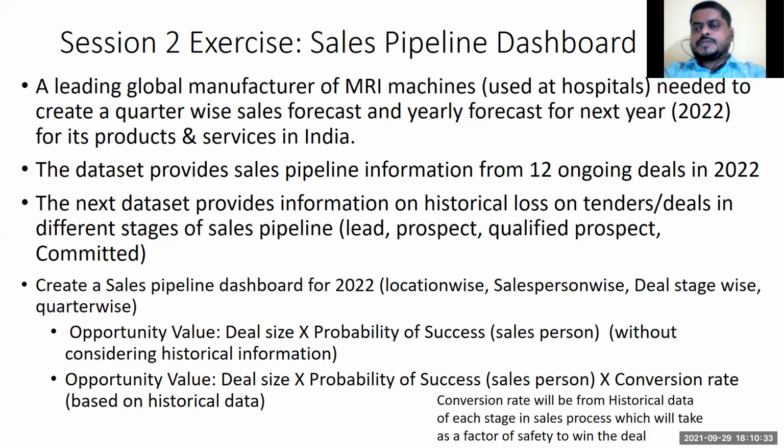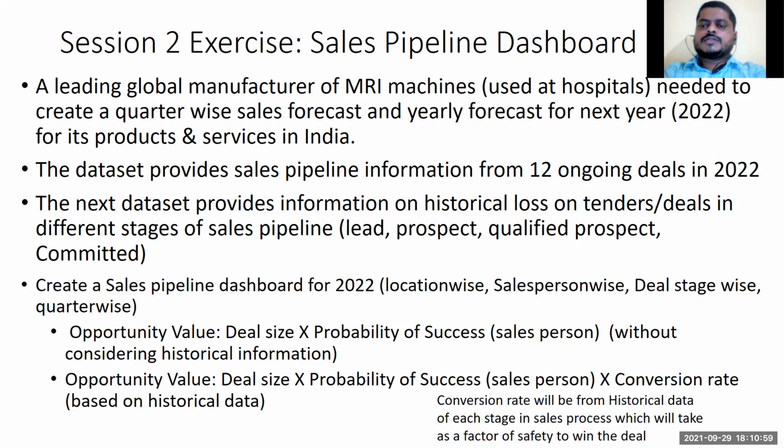There is another file which gives me data from my previous 20 or 22 years where I have operated in India. I know that I do not win all the tenders. I participate in almost all the hospital tenders, which ask for different kinds of equipment, but I have lost many, right? So that file gives you that historical rejection data.